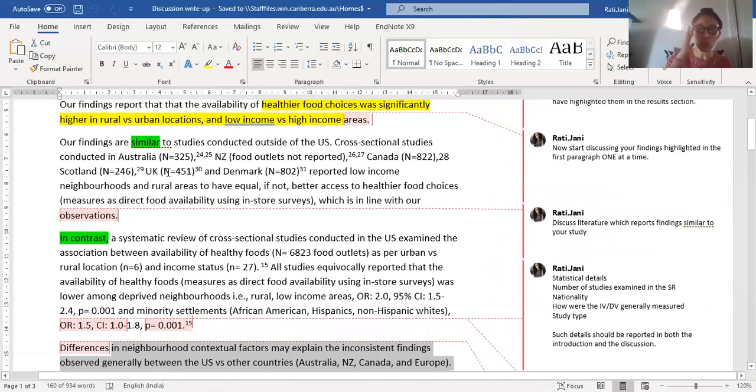Sometimes some students have found articles which are very similar to theirs. Once you start off discussing similar findings, where you found something, the other researchers also found something, and their methodology is more or less similar, then you don't need to discuss that much. It is good. Then you have to focus your main discussion on the contrasting findings, meaning you found something, but other researchers did not find the same thing as yours.